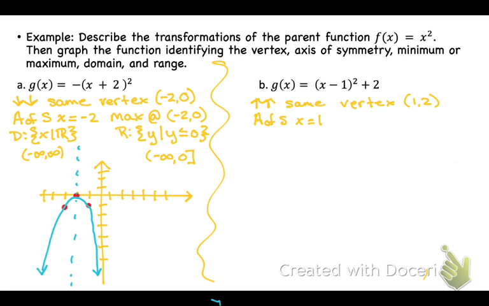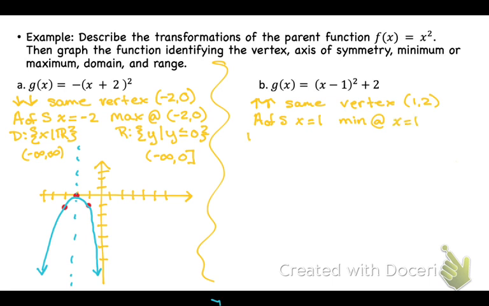If it opens down, it keeps going down; if it opens up, where's the minimum at? 1, 2. And I think the book would just say x equals 1.